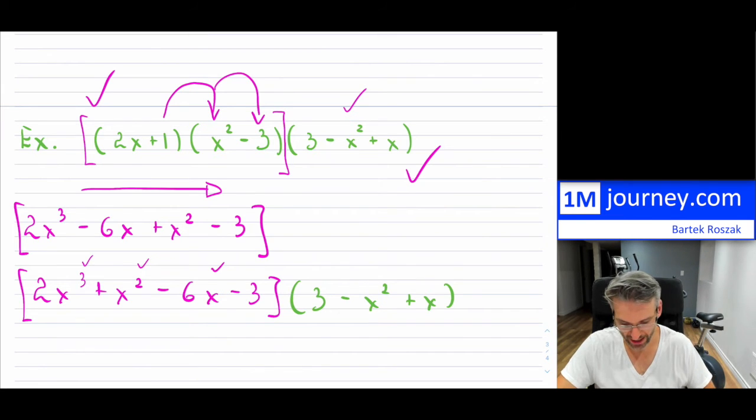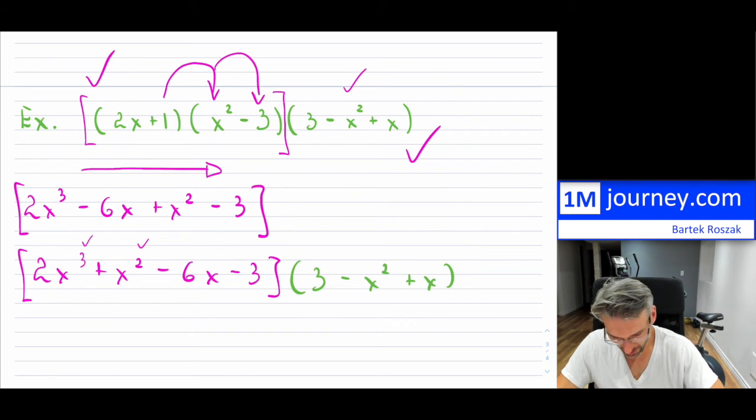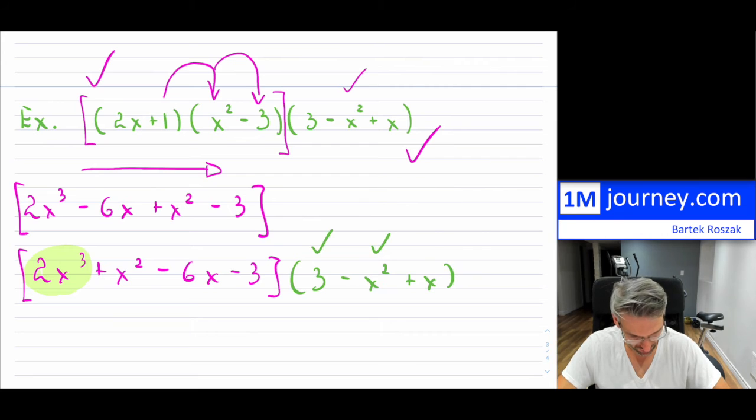And if you do that, now it's going to be a pain, right? Because if you want to be able to do this, you're going to have a lot of terms that you're going to have to multiply by. So for instance, here's my first one, and now I have to multiply it by every single term here. I have to distribute that across.